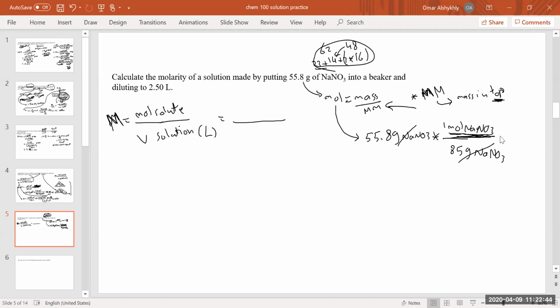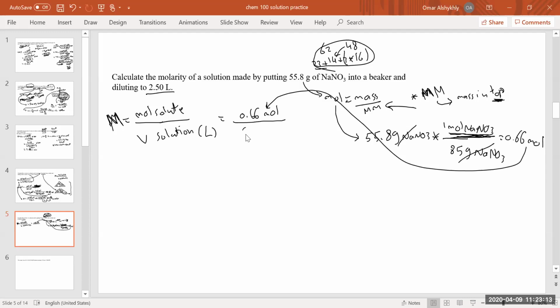So that will give you 0.66 mole. Now put this one here, so it will be 0.66 mole divided by volume of solution. It is already in liter. If it's not in liter, you have to convert it to liter. Sometimes they give it to you in milliliter, so in that situation, you have to convert it to liter.